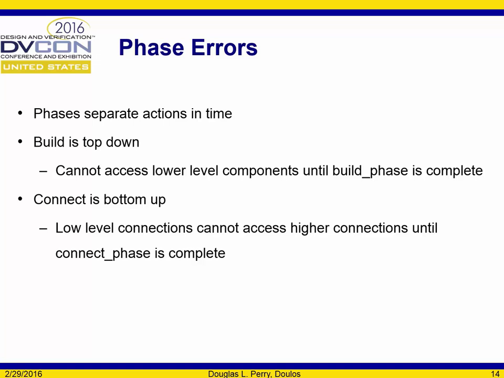That's important because if you're building your top level components, you can't access the lower level ones until the build phase is complete, until you've built everything. And that happens top down. If you're in the connect phase, that's bottom up. If you're trying to do some connections down low and access some connections up high, that's not going to work either, because we're still down at the low level doing these connections.